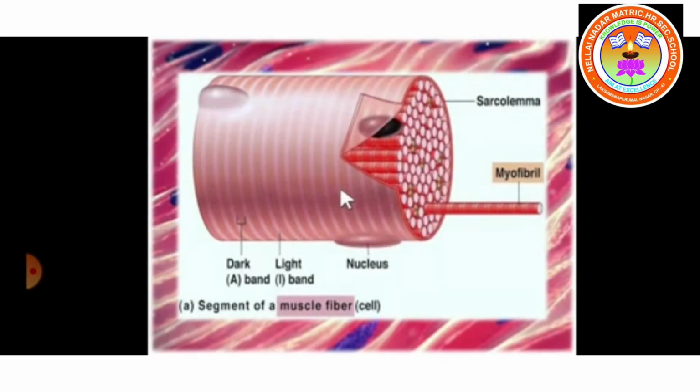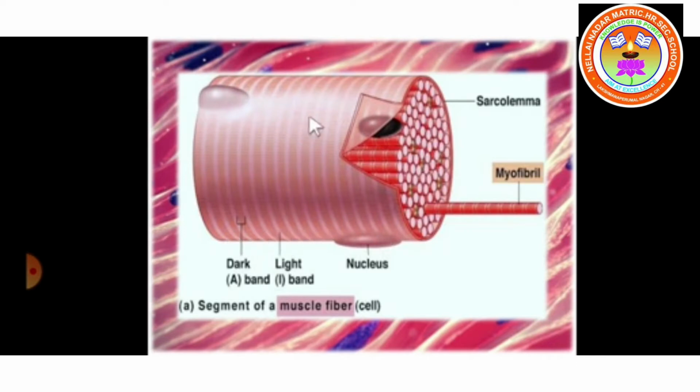The muscle fibers are elongated, cylindrical, unbranched with alternating dark and light bands, giving them the striped or striated appearance. In this picture you can see the dark and light bands alternating with each other.